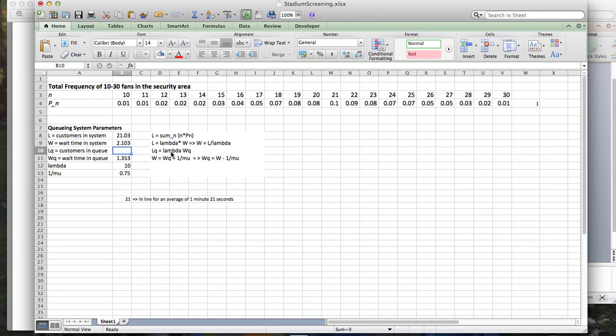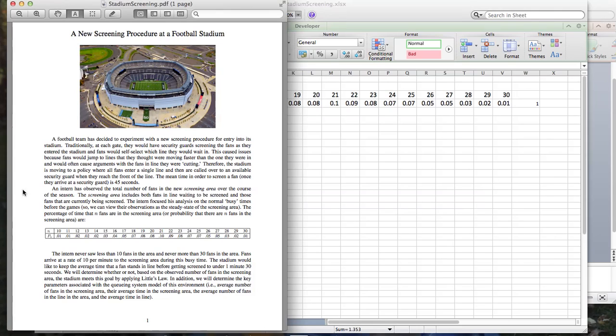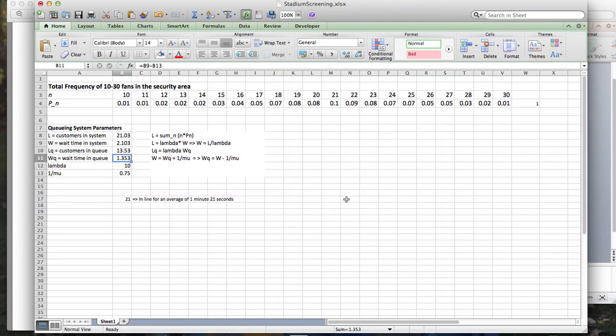So what this implies is that we can take the 1.35 wait time times the arrival rate, and we see that the average number of customers in the queue is this 13.53 number. So it's kind of nice. This concludes all the analysis that we're interested in with respect to this queuing system.